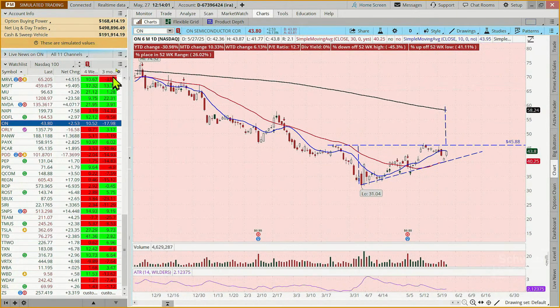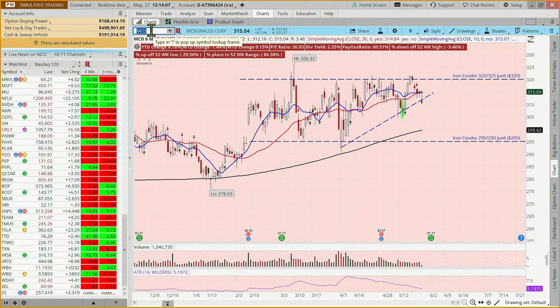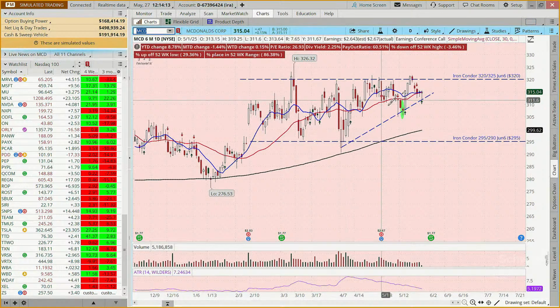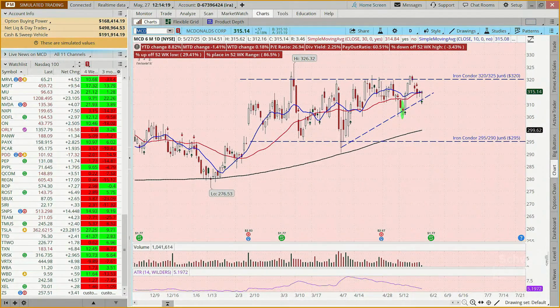Okay, let's look at another ascending triangle. And in our trading a smaller account, we actually have a trade on this one. We had done an iron condor, so we were expecting it to stay within this range. What caused us to think that trade might be a good idea?